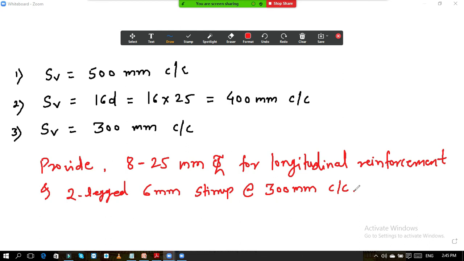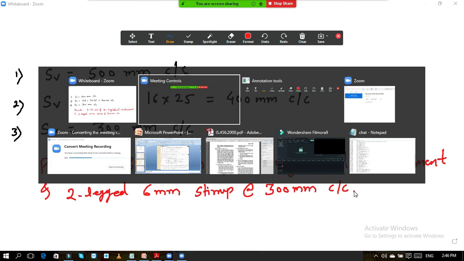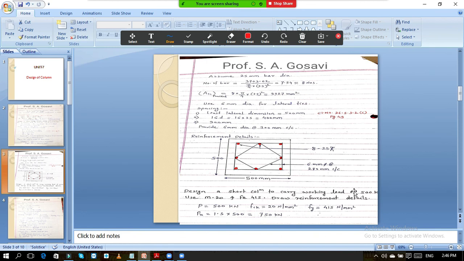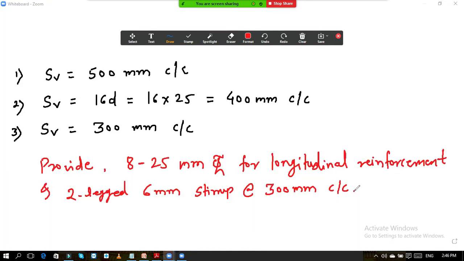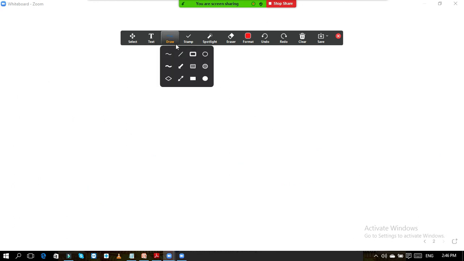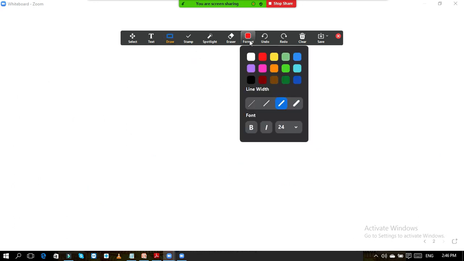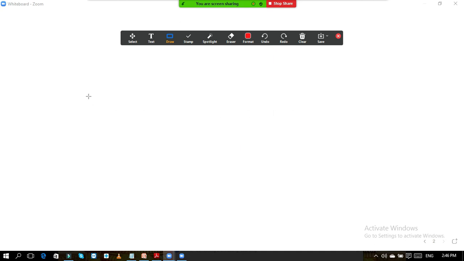Okay, and the last thing remaining is the cross sectional drawing. Reinforcement detail is the last thing which is remaining. So now we will give the reinforcement details. First I will draw the stirrup.